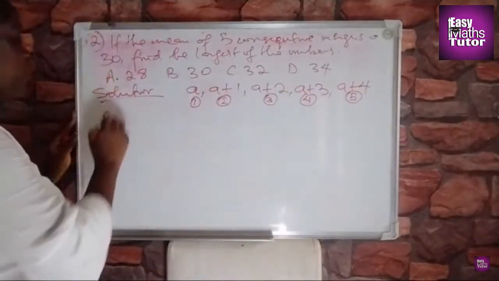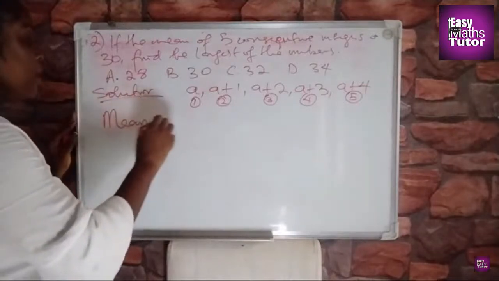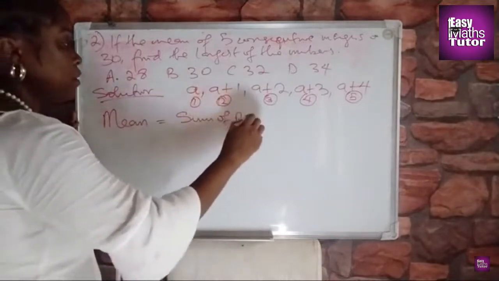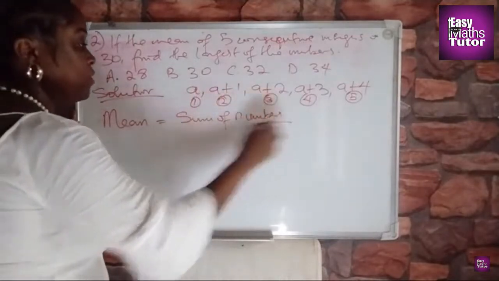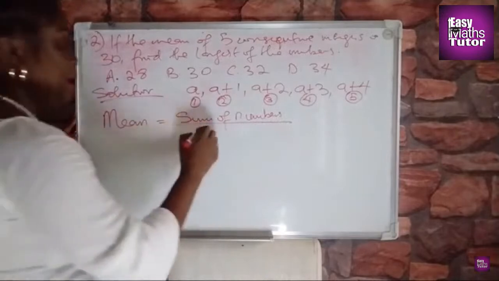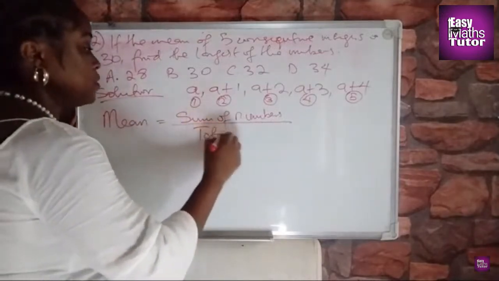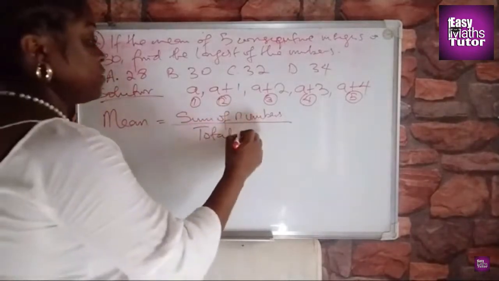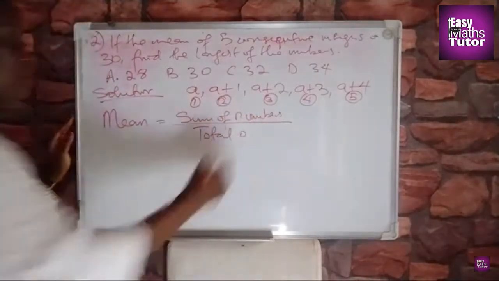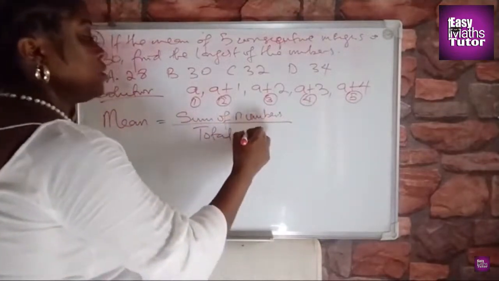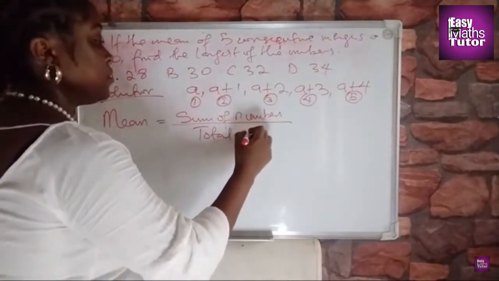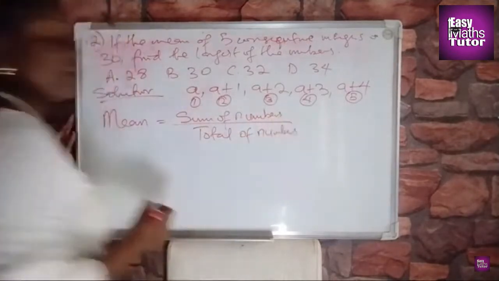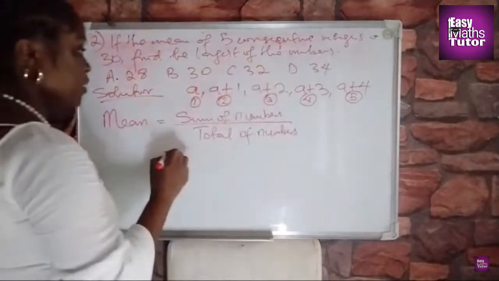So remember, the mean of numbers is the sum of all the numbers in question over the total number of them. Okay?